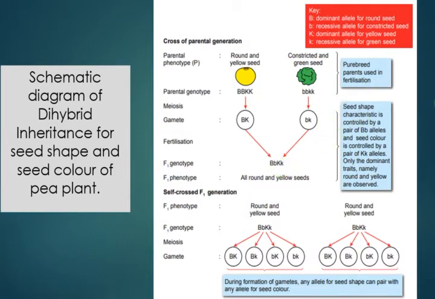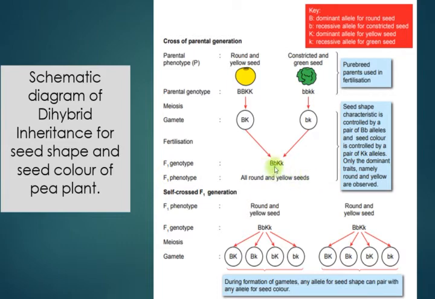Alright, so we go to the explanation here. The seed shape characteristic is controlled by a pair of big B, small b alleles, and seed color is controlled by a pair of big K, small k alleles. So only the dominant traits, namely round and yellow, are observed. Why are they all round and yellow seed?